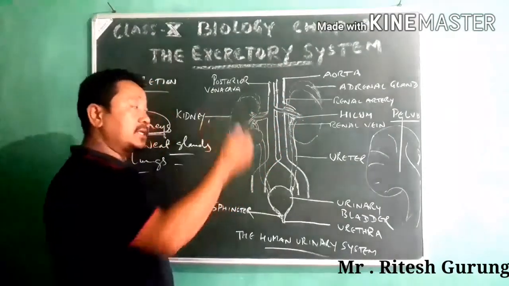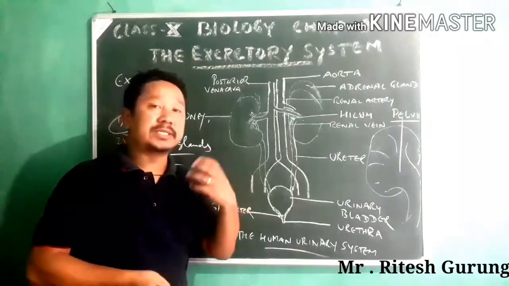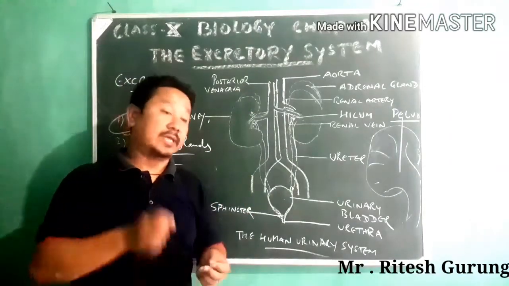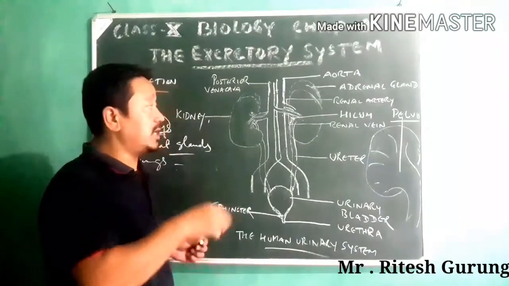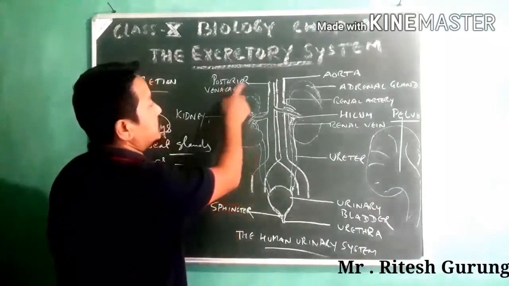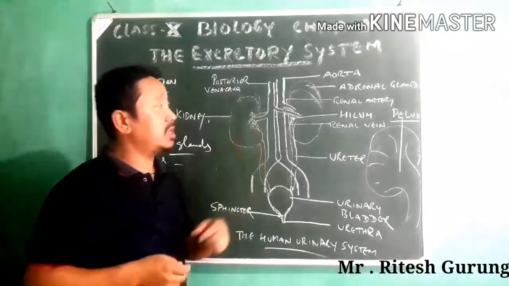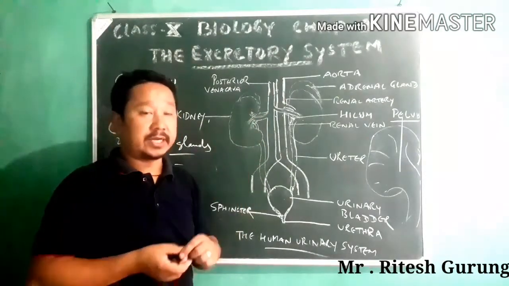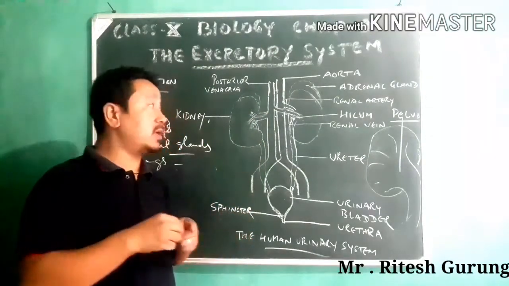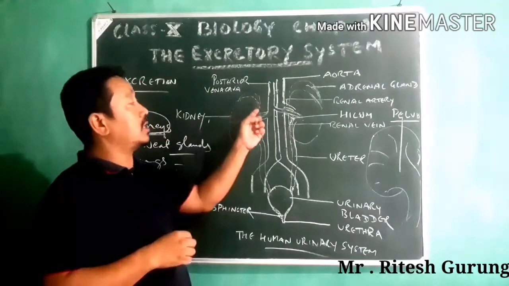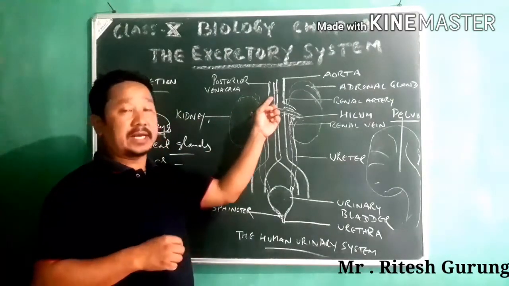When the blood becomes impure, the renal vein collects it and supplies it to the posterior vena cava.